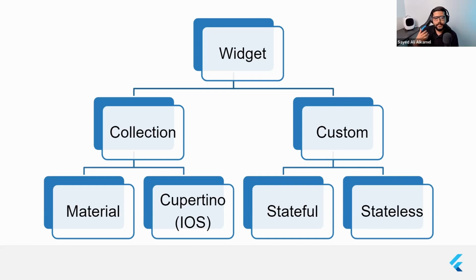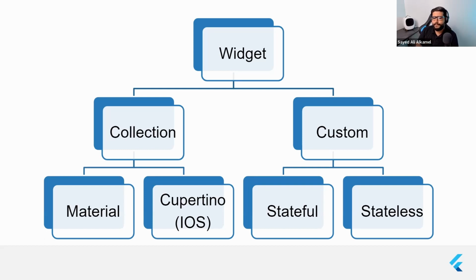Whenever you build an application, you can use these ready-made widgets. Or you have the option to use the Cupertino library, which has all the iOS styles and look and feel.